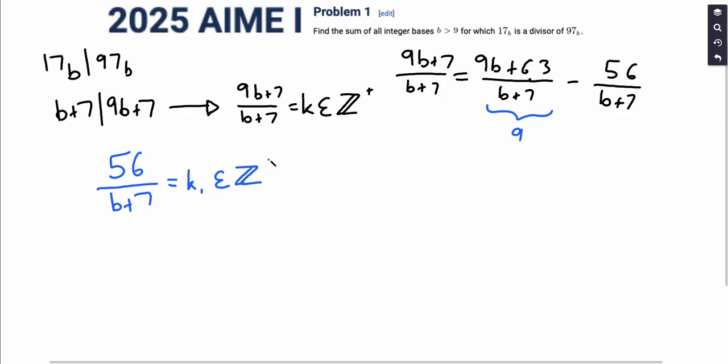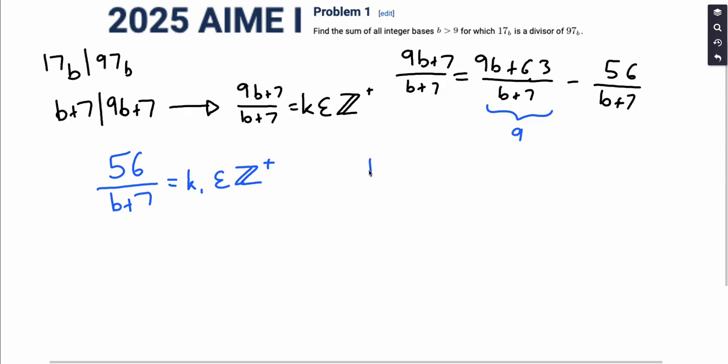And so here at this point, we're just searching for factors of 56. If b plus 7 happens to be a factor of 56, then k will be a positive integer. We already know b is going to be positive by the condition that b is greater than 9. So let's go ahead and list out some factors of what b plus 7 could be.